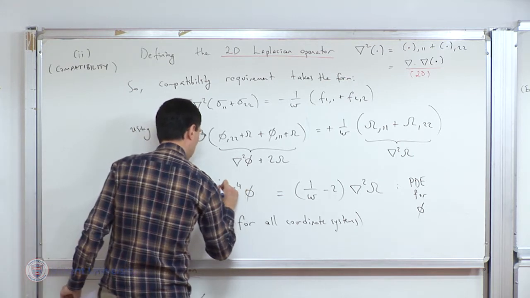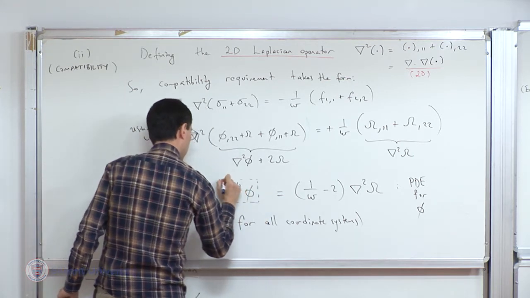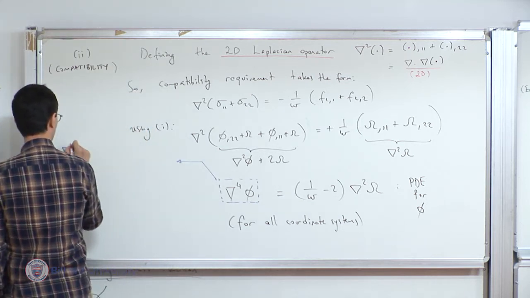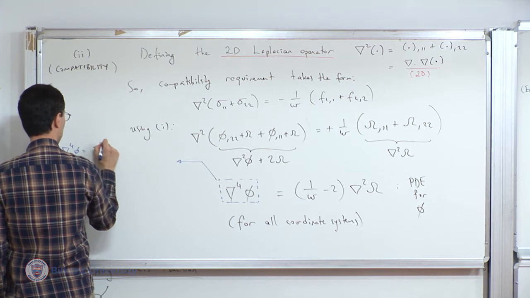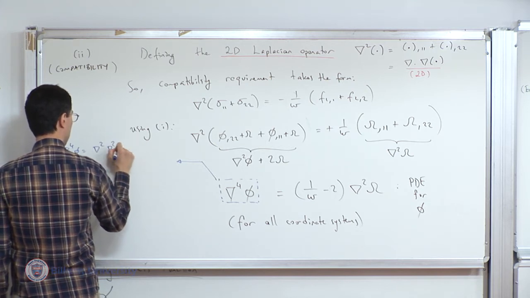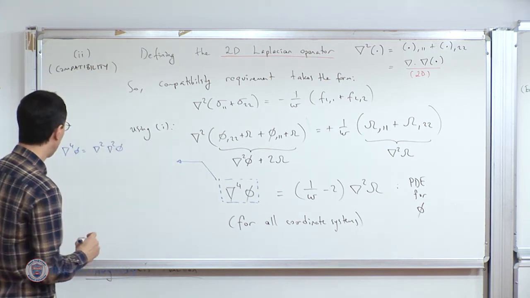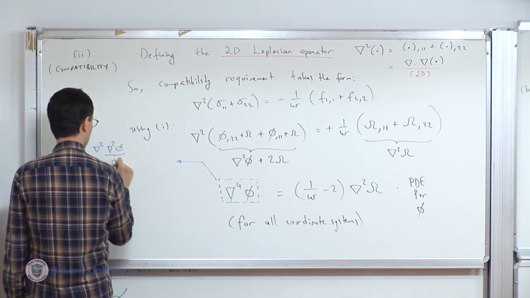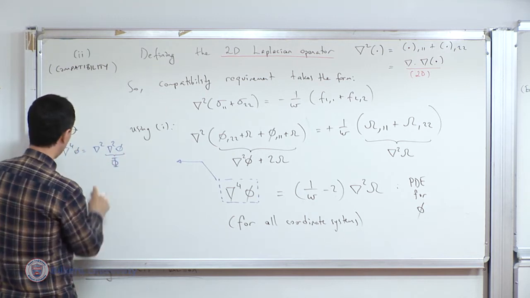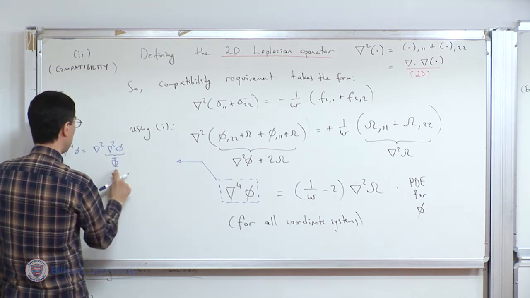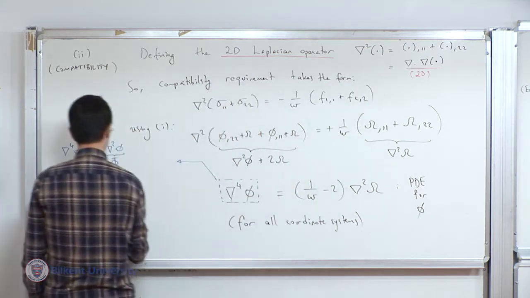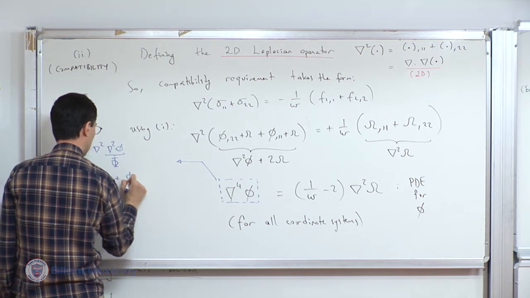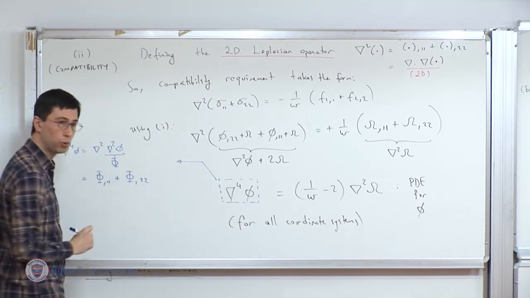We have this operation, this is the square, Laplacian applied twice. So if I call this some function, let's say capital phi, this therefore is equal to, by the definition of the Laplacian, capital phi, comma 1, 1, plus capital phi, comma 2, 2.